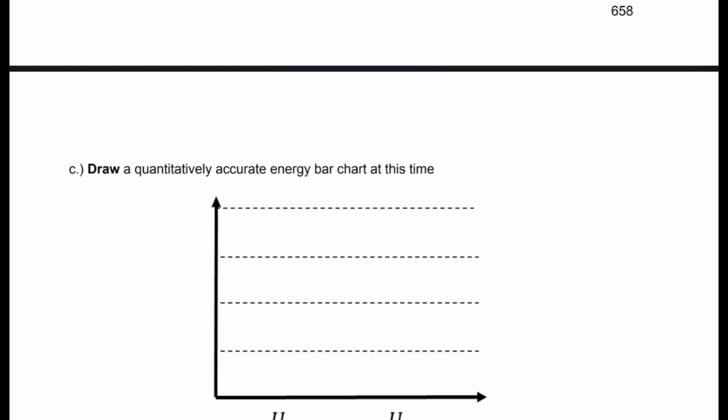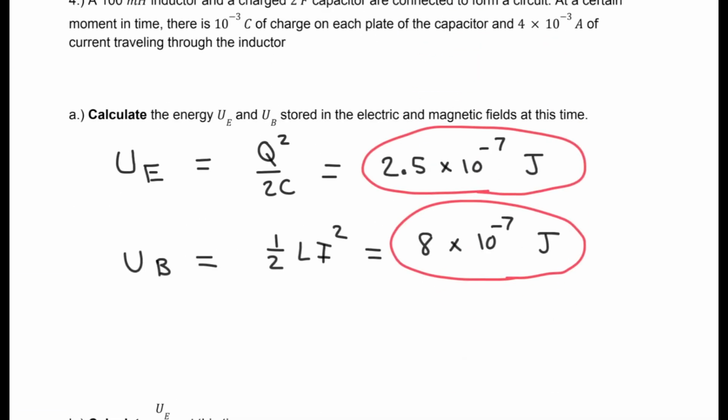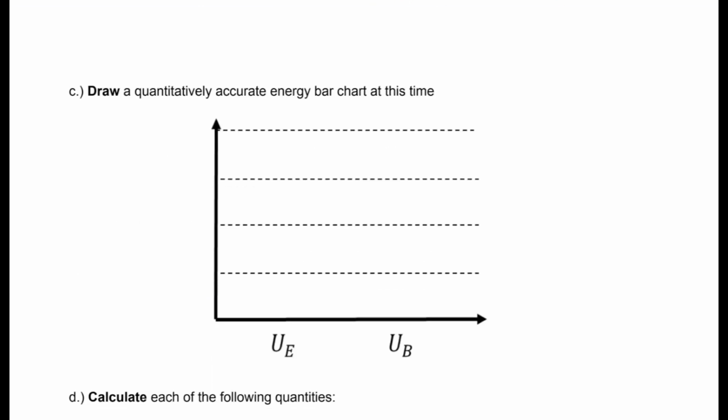Now we'll draw a quantitatively accurate bar chart. We'll scale this. Notice we've had 2.5 and 8 times 10 to the minus 7 joules, so we'll make the axis in units of 10 to the minus 7 joules, with a scale that makes sense.